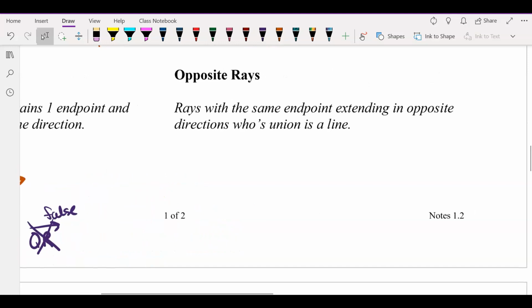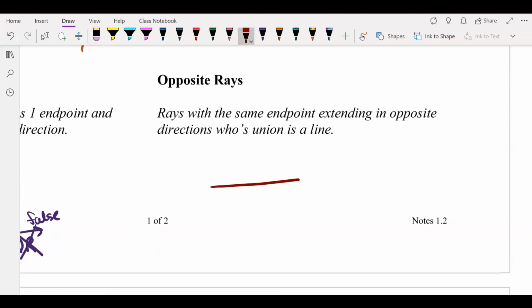Then we have opposite rays. So here I'm going to write an example. I'm going to draw ourselves just a lovely line. I'm going to put 3 points, and I'll just do A, B, and C. So here we have opposite rays, BA and BC. What does that look like?